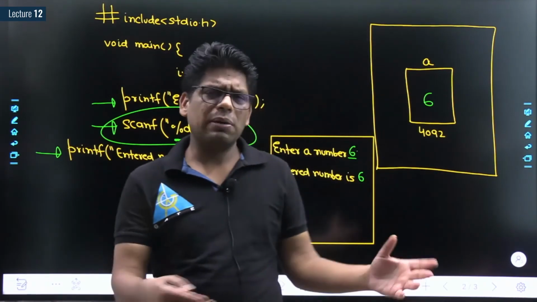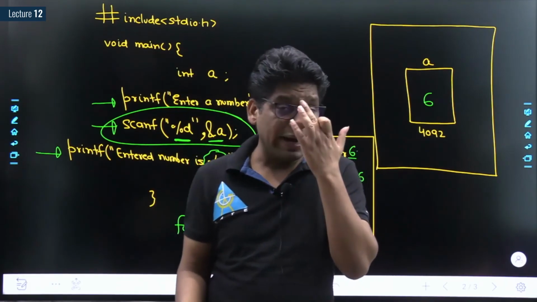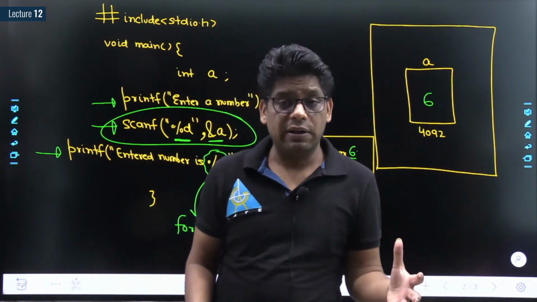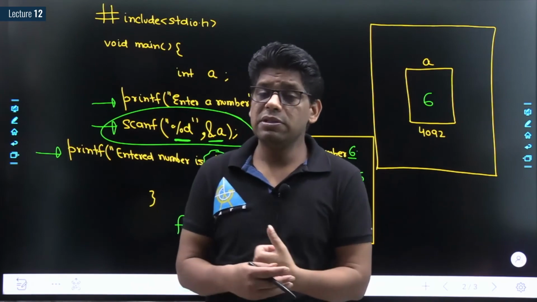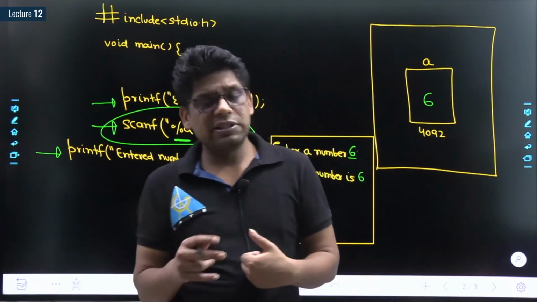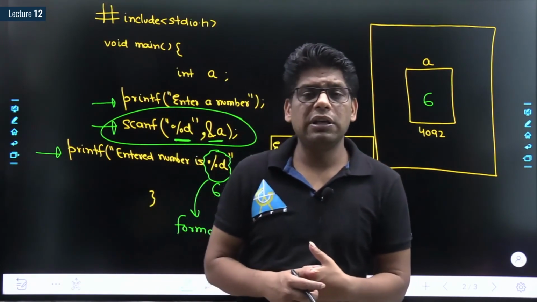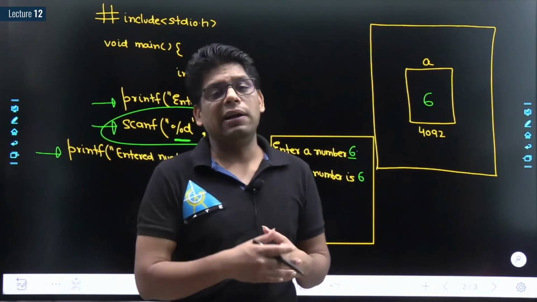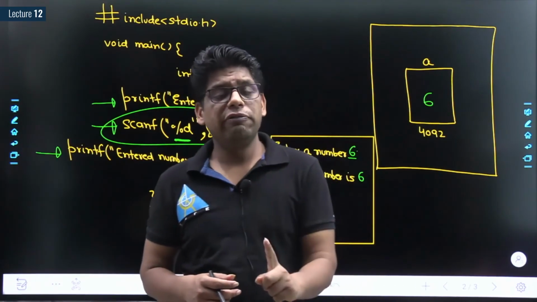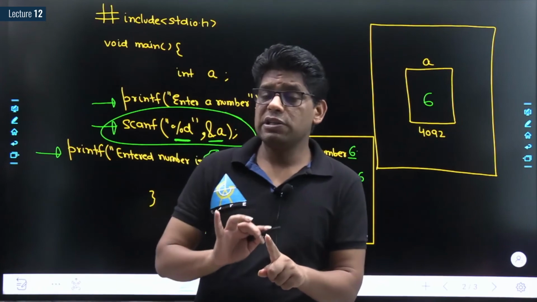We have already talked about it. That is why we need to provide a format specifier for the data. That means we are saying that whatever sequence of 0s and 1s is coming from the keyboard, this is how our program will handle it. So the very first argument for scanf is the format specifier.